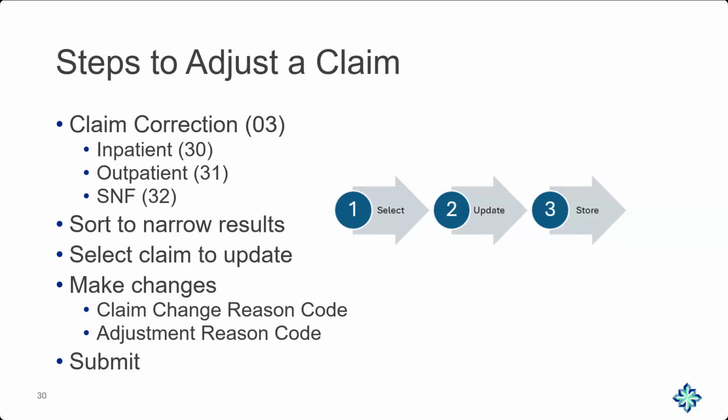Then you'll place an S in front of the claim to select it, make the necessary changes, and give details as to what the adjustment is for. And this is done with a claim change reason code and adjustment reason code. Once you've done all those things, you submit the adjustment by pressing F9. So those are the steps that you're going to take. Now let's look at that.